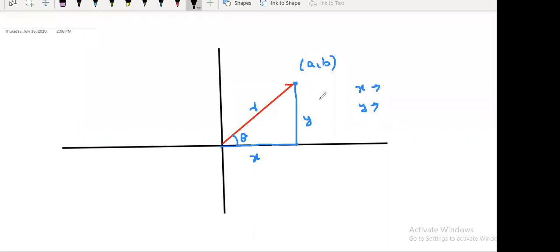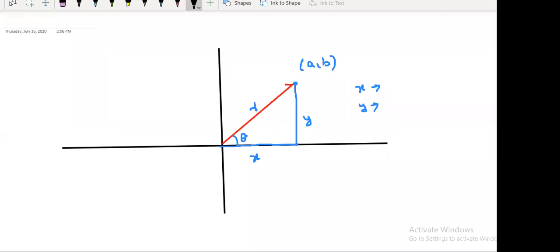Yes, you have to use trigonometric functions. No, not tan theta.